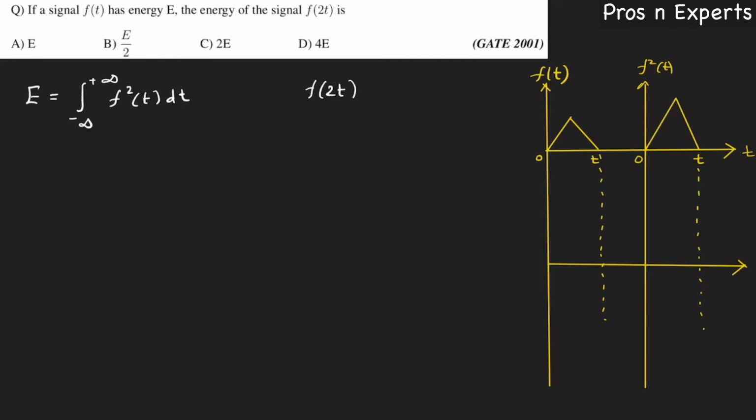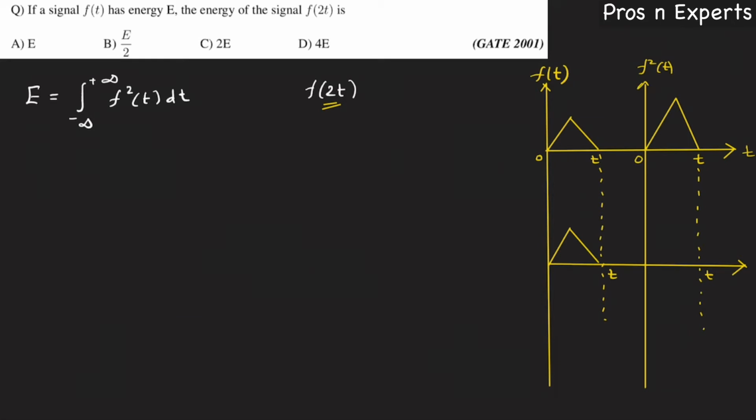F of 2t is the compressed version of f of t. You have to remember time scaling, right? You are time scaling f of t by two. So I can draw f of 2t as something like this. It will be compressed. The amplitude will not change. I repeat, the amplitude never changes while we are doing a time scaling operation, right?